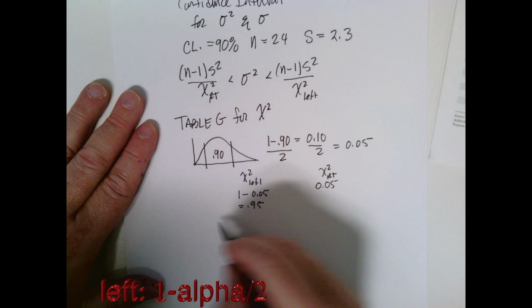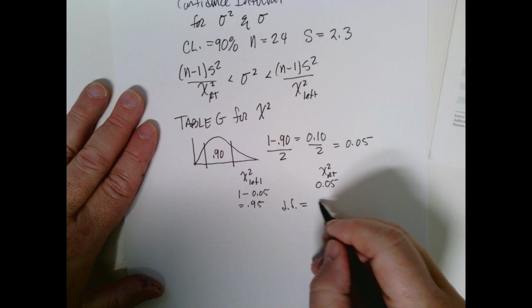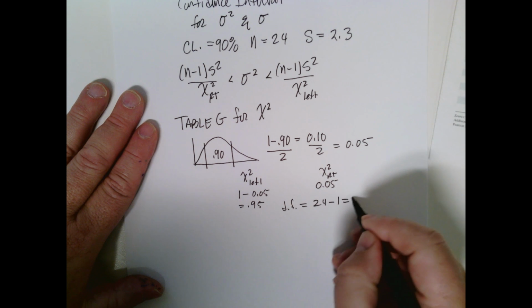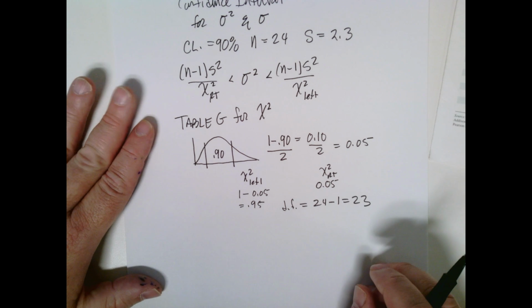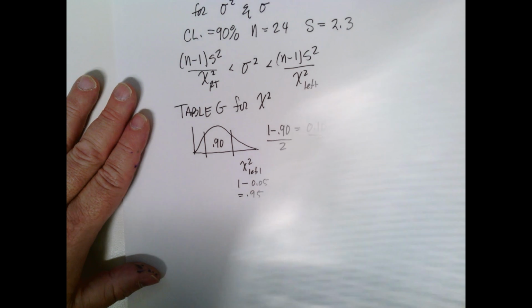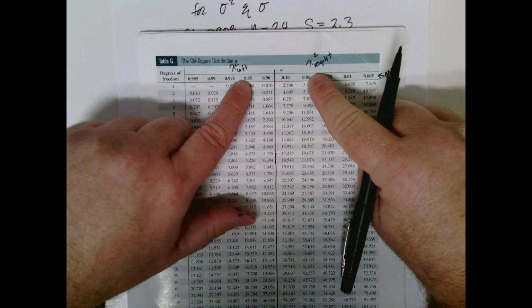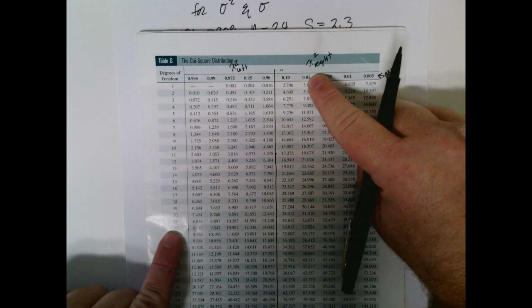The last piece is degrees of freedom, which is n minus 1, or 23. Now we have all the pieces, so we can look up our chi-squared right and left: 0.05 and 0.95 with 23 degrees of freedom.